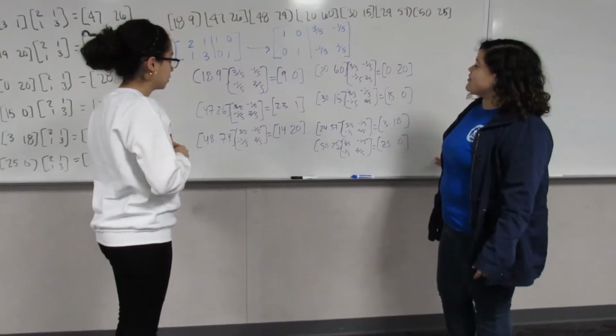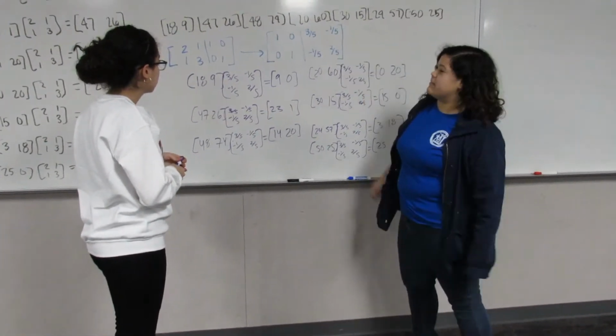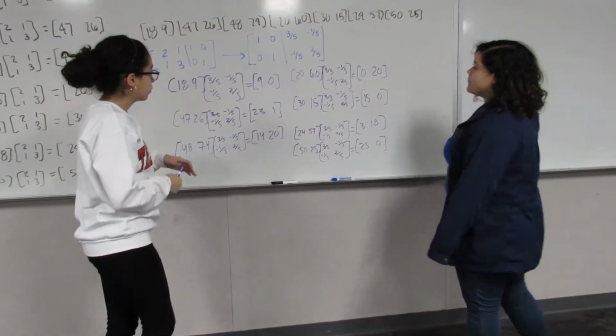What you would get after you multiply these by the inverse matrix. Okay. So what do I do with these numbers?